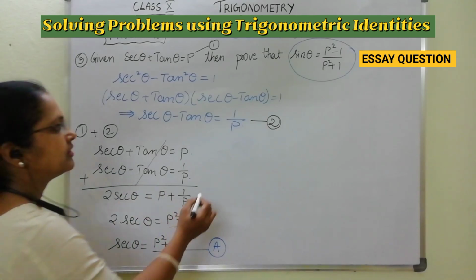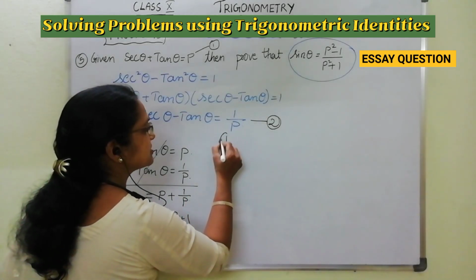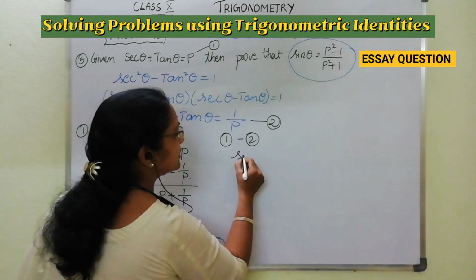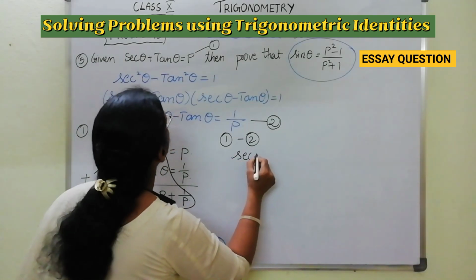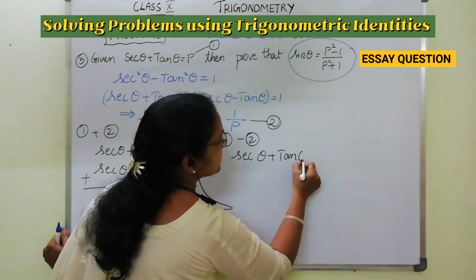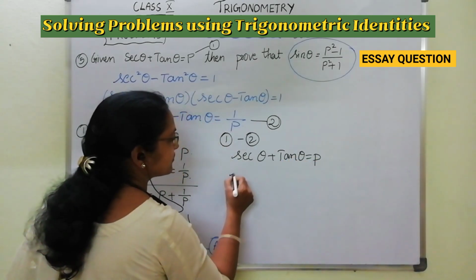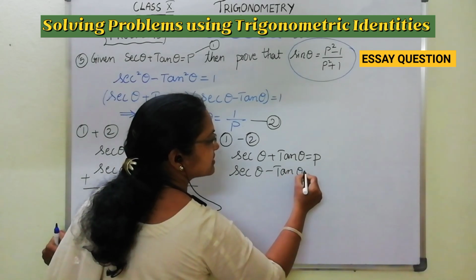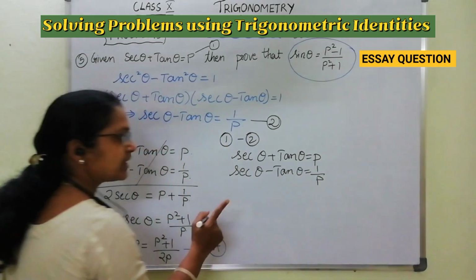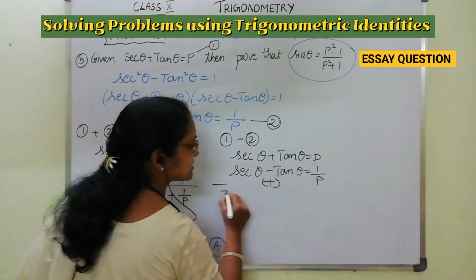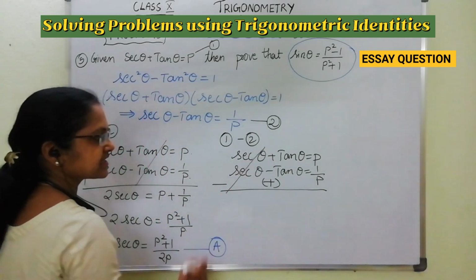Now let us solve 1 minus 2. Same, secant theta plus tan theta is equal to p, and secant theta minus tan theta is equal to 1 by p. But this time we are subtracting. So this becomes plus, and this gets cancelled.